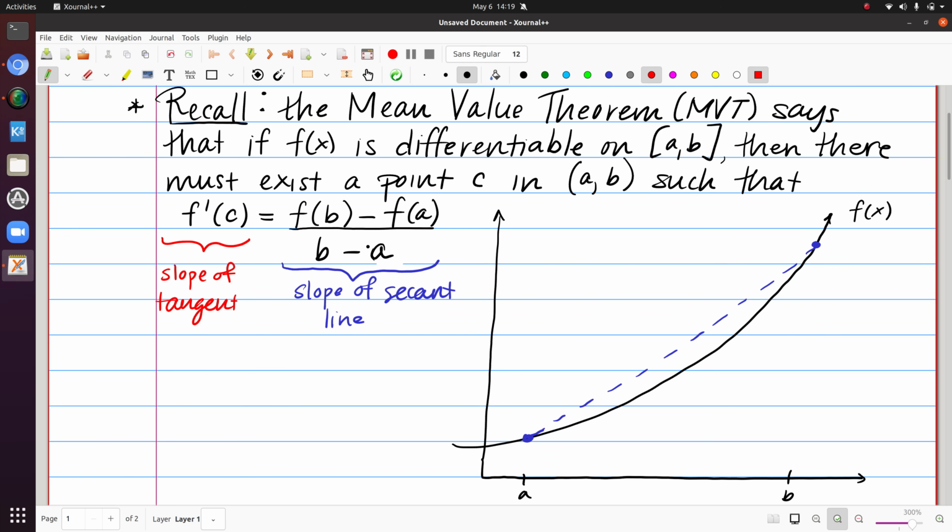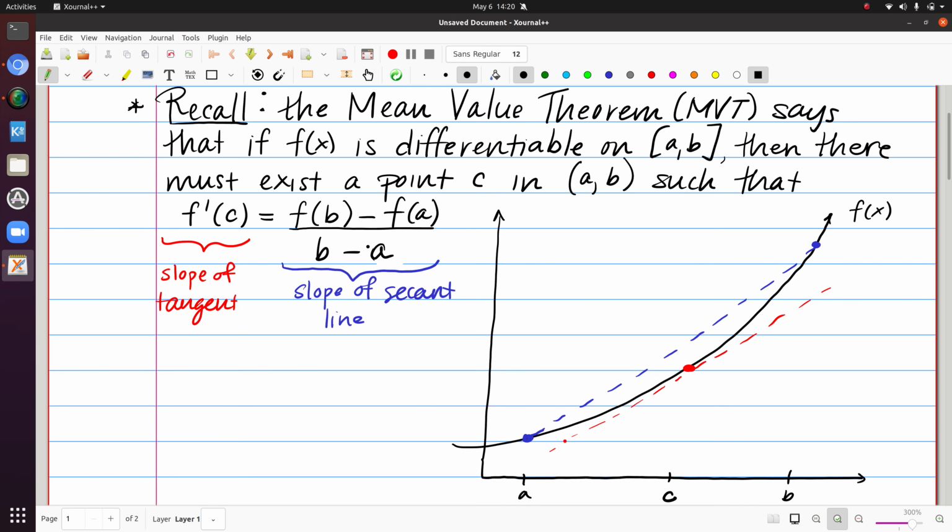Imagine that you can run your pencil along this curve and find the point at which your writing instrument is parallel to the blue line. If I were to do that, it looks like that. I drew something relatively symmetric, so it seems about halfway that I would be able to sketch the tangent here, and in this case I would have identified a c value. That's what we're getting with the mean value theorem.